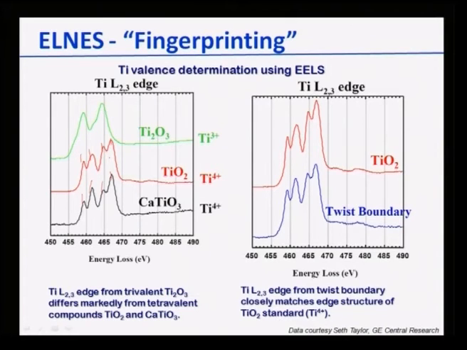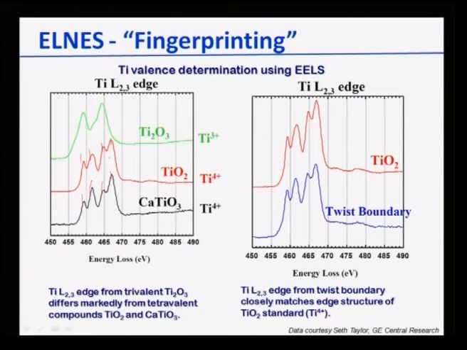Not only that, there is a shift of energy losses to the lower values for Ti2O3. So that means the L23 edge obtained from Ti2O3 differs markedly from the tetravalent compounds like TiO2 or calcium titanate.